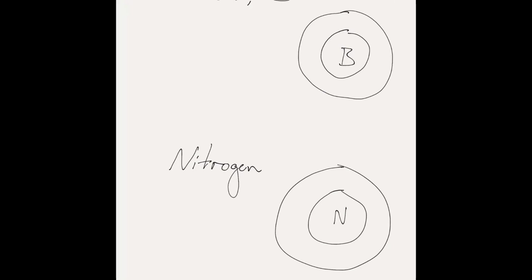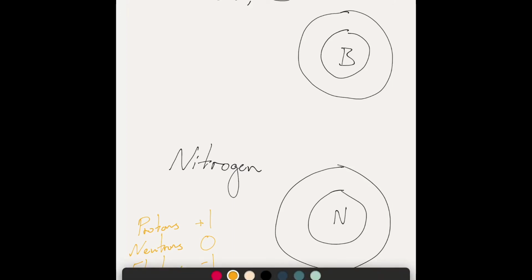So pause the video and have a go at these two in your exercise book. You should have already written your connect and your date and title. I'll give you the answers for the connect now as well. The answers for the connect were that protons have a charge of +1, neutrons have a neutral charge, that means they have a charge of 0, and electrons have a charge of -1. So those were the answers for your connect.